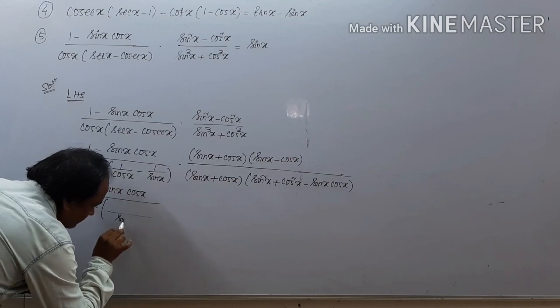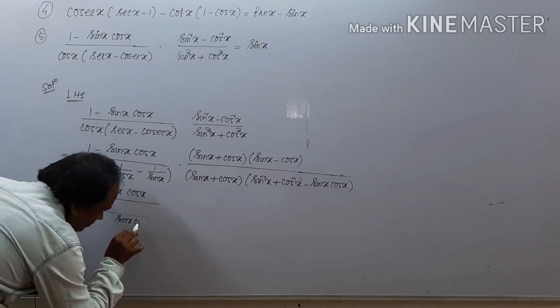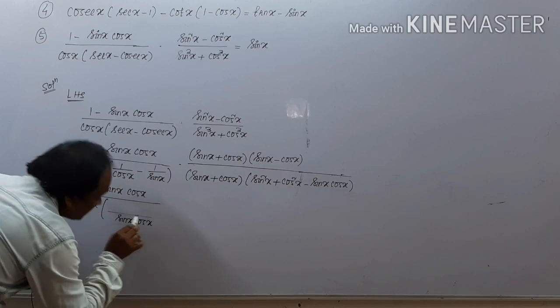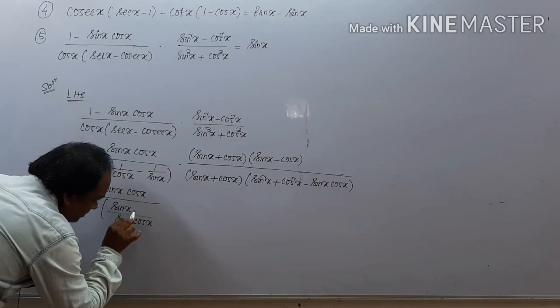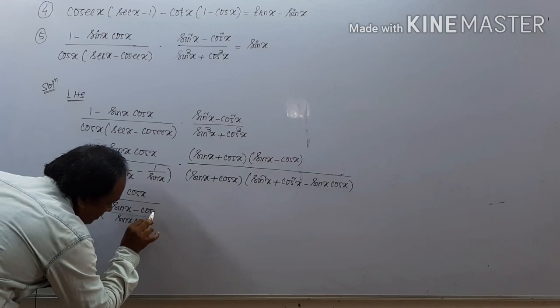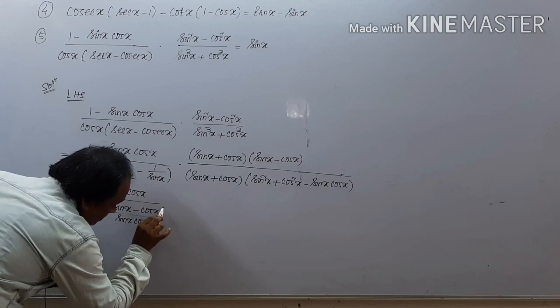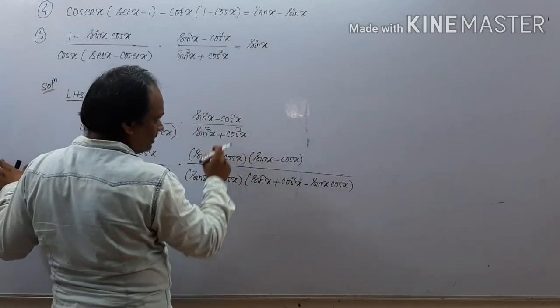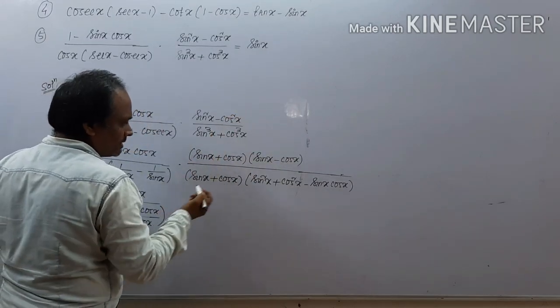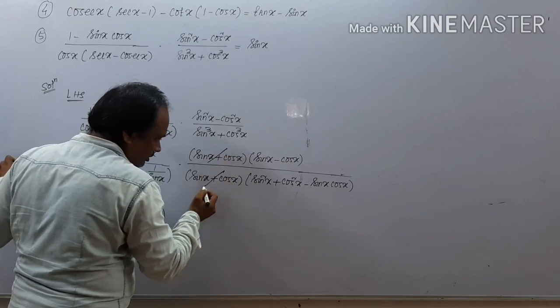This is sin x into cos x, so that it will become sin x minus cos x. See here, we have applied the formula over here, a square minus b square, a cube plus b cube. Clearly this term and this term cancel out.